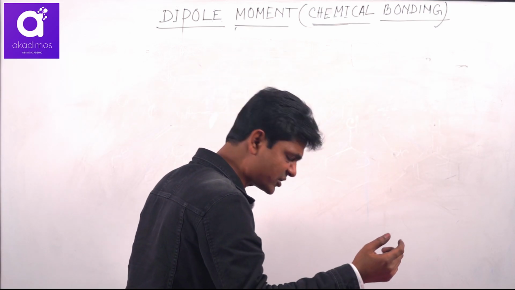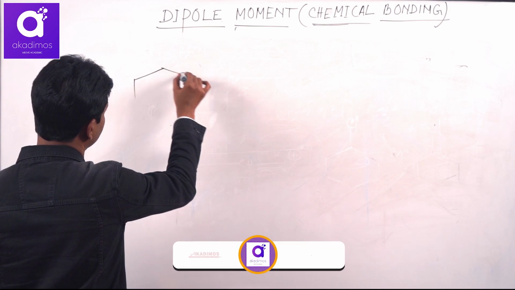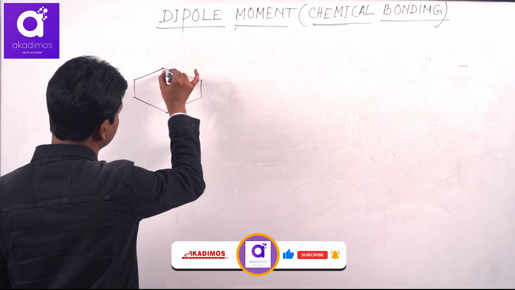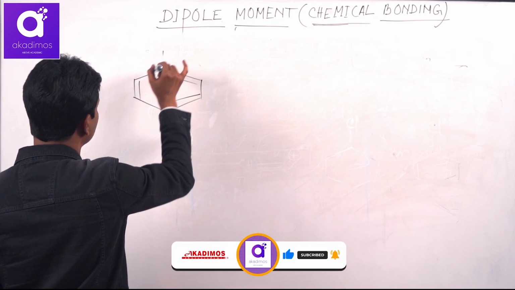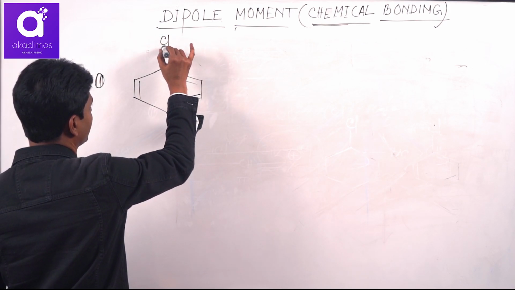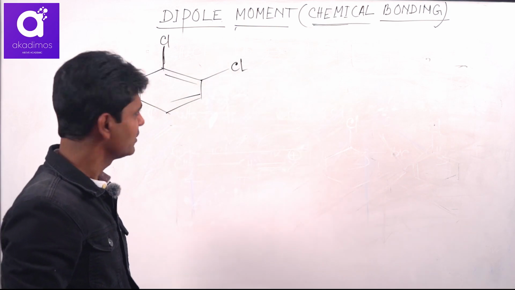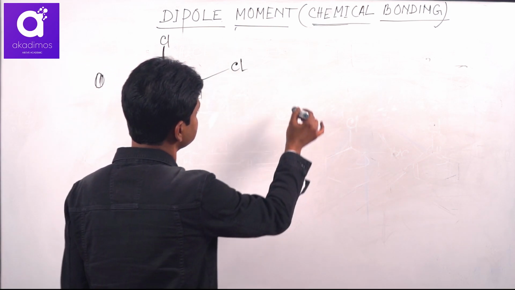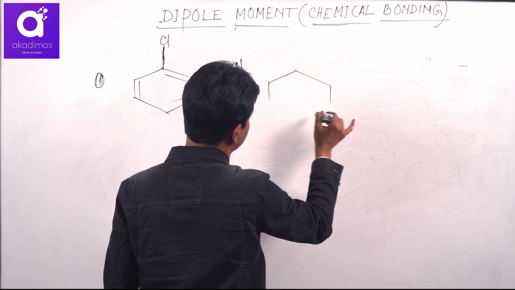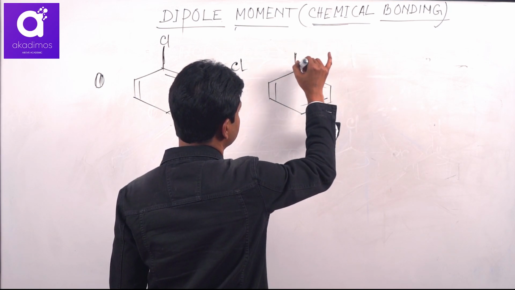I am taking the last example from the organic part. If I take 1,2-dichlorobenzene, I will compare the dipole moment here. This is 1,2-dichlorobenzene, orthodichlorobenzene you can say. This is meta-dichlorobenzene.